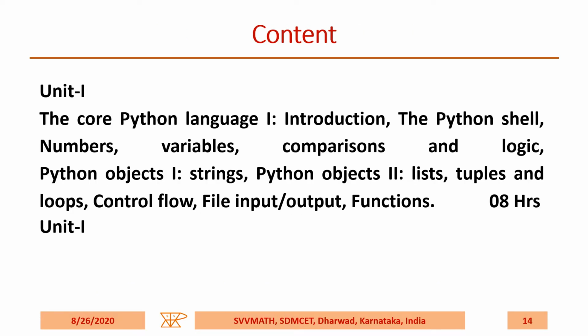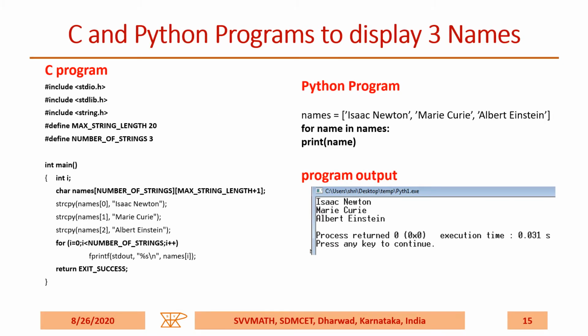The content, the first unit is this. We'll start with the introduction, the Python shell, numbers, variables, comparisons and logic. Try to see this C program to display three names. Now I have to include all these standard libraries, stdio.h, stdlib.h, string.h, and I'll define these two.